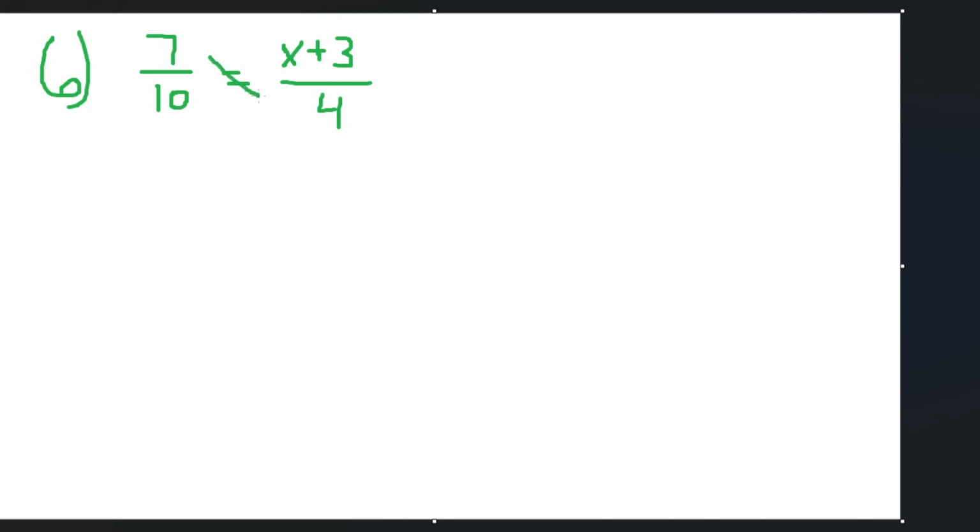So first, of course, do the 7 times 4. 7 times 4 will give you 28. We set that equal to this 10. This is important right here. 10 times x plus 3, so 10 times x plus 3 in parentheses. You're multiplying 10 by both of these terms.